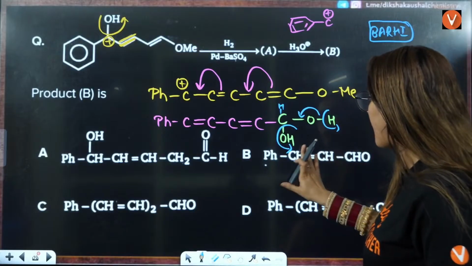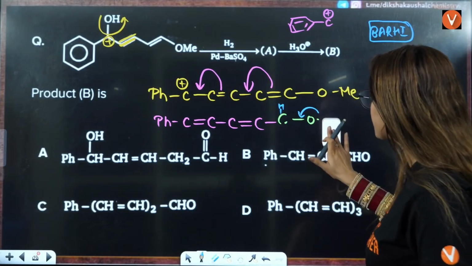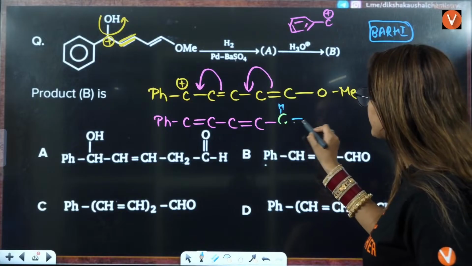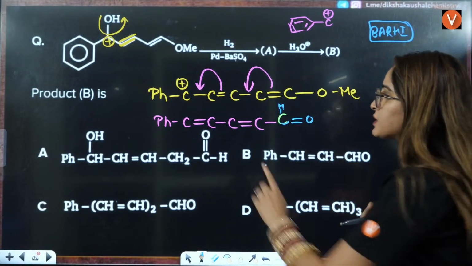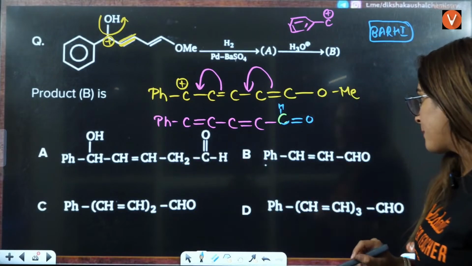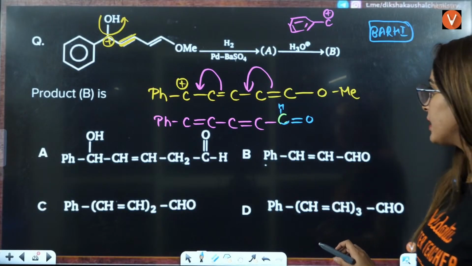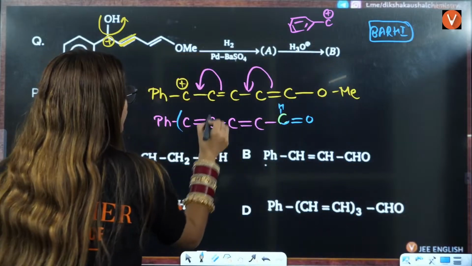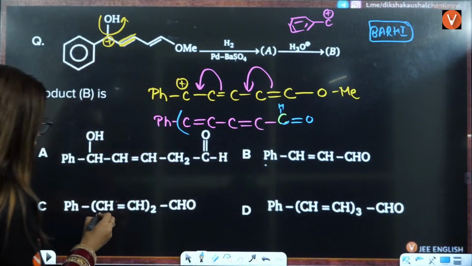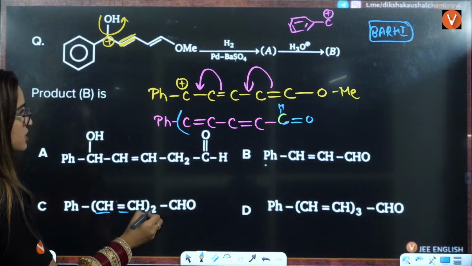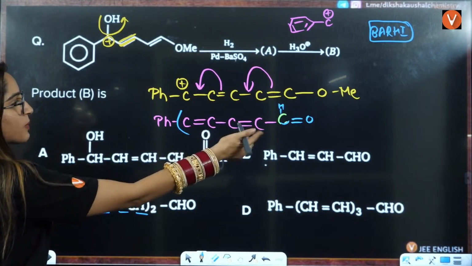So here what will happen? This will be eliminated, this will be eliminated, double bond will be shifted, and this will be C double bond O. That means Ph C double bond, Ph C double bond, then you have single bond. Wait a minute, that means here you have two double bonds here, right? So you can say CH double bond CH, then again you have CH double bond CH.